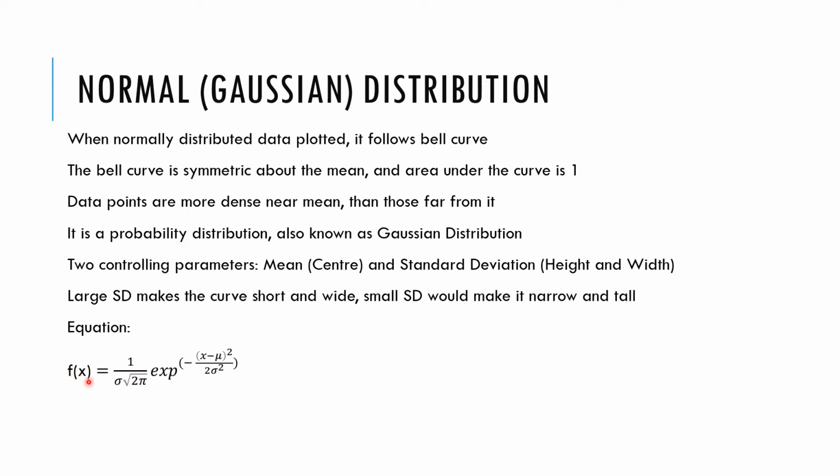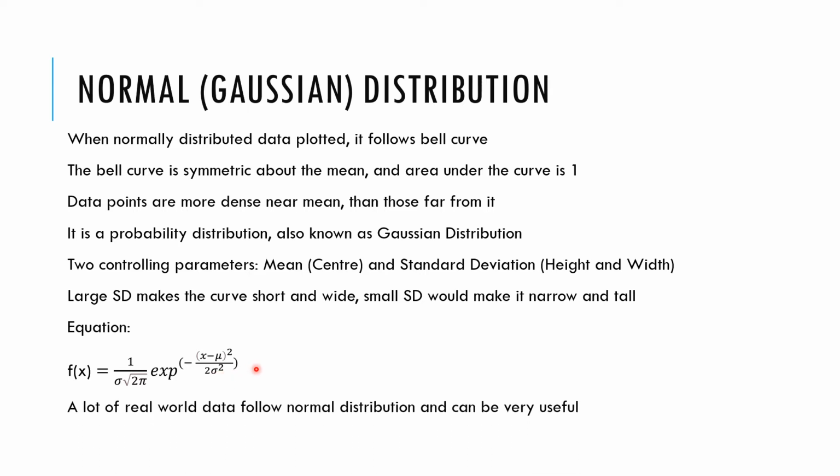So we'll look at the equation. Basically, this is the equation of the curve, f(x). x is the value of the data points, and 1 upon sigma into square root of 2 pi. Sigma is basically standard deviation. The whole thing is multiplied by the exponential of minus (x minus mu) whole square by 2 sigma square. Now mu is mean and sigma is standard deviation. And as you know, standard deviation is square root of variance, so sigma square is basically variance.